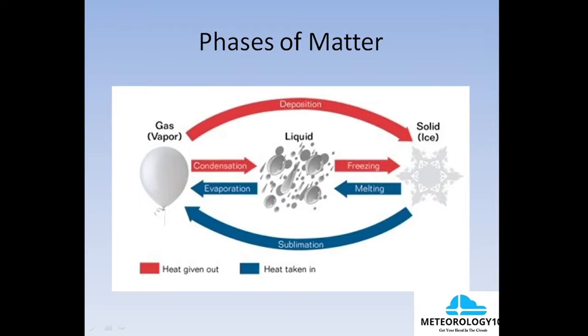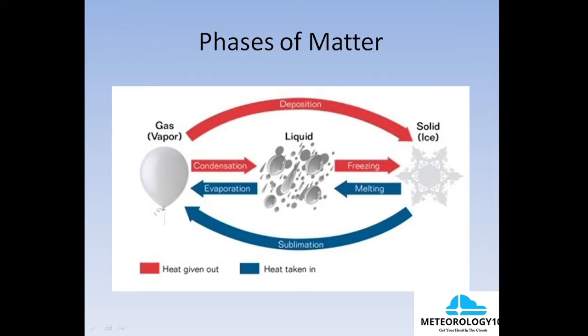Okay, so in meteorology, we deal with phases of water. So solid is ice, liquid is water droplet, gas is water vapor. Each phase is favored at a specific temperature.